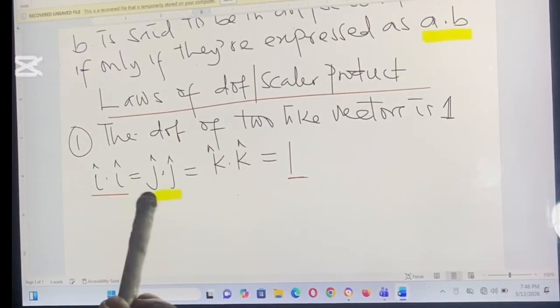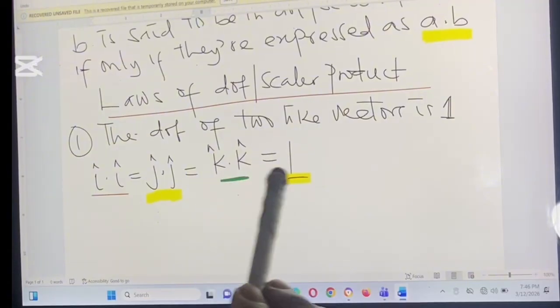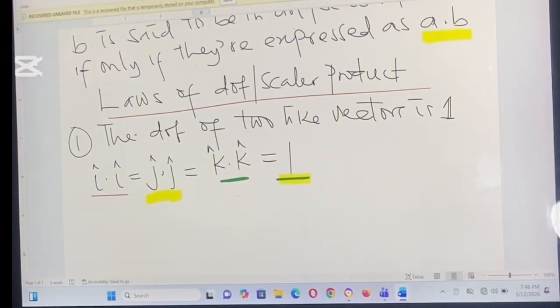J dot J is the same as 1. K dot K is the same as 1. So whenever we see I dot I, that expression is not I squared, it is 1. Whenever we see J dot J, it is not J squared, it is 1. Whenever we see K dot K, it is not K squared, it is 1. Please take note.